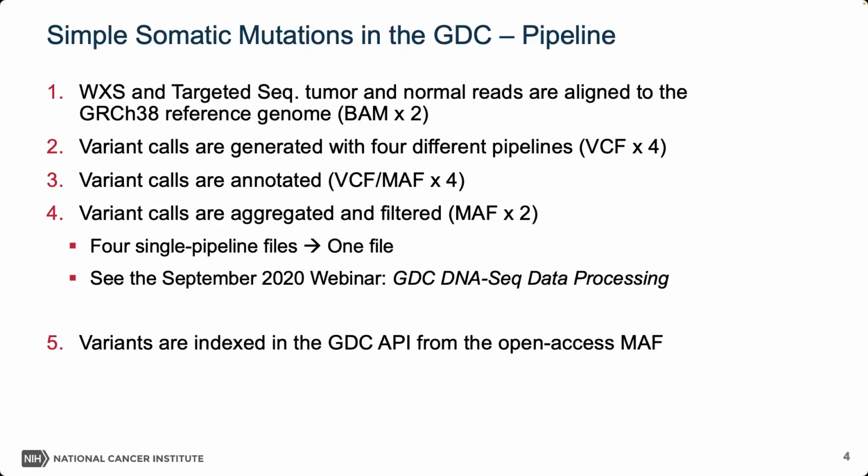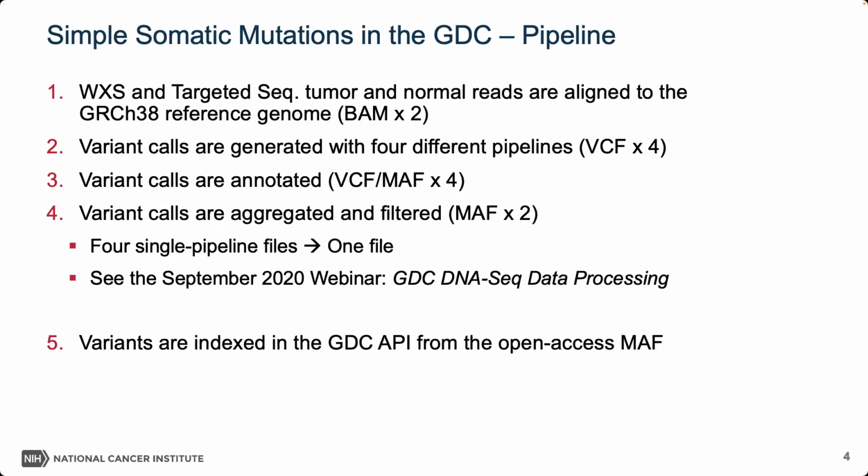And that MAF file is controlled access. It is put through a filtering pipeline in which anything that has a chance of not being somatic and could be germline is removed, and that results in the open access MAF.